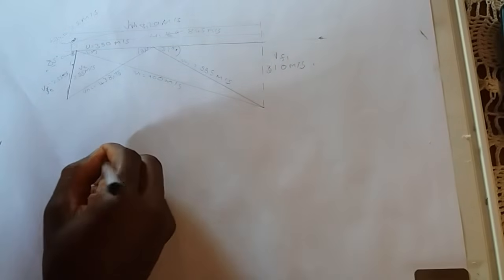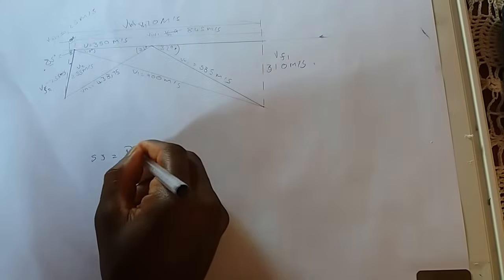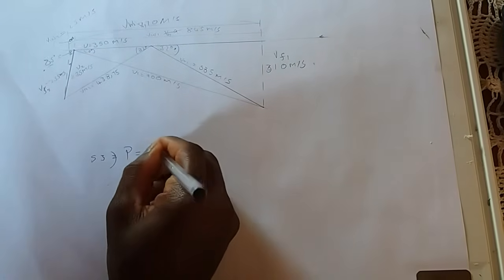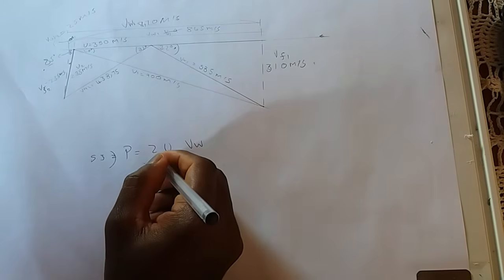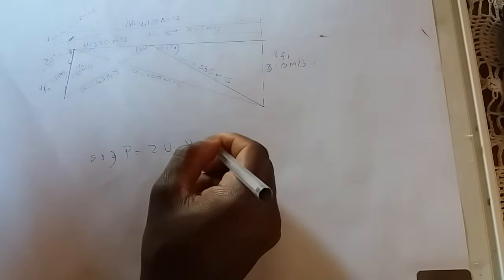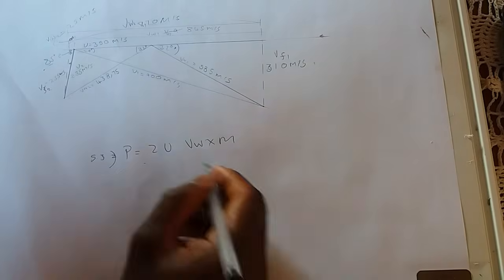And then number 5.3, we'll do 5.3. They say use the diagram to calculate the power developed by the turbine. We know that the power is given by, I should have M somewhere. Oh yeah, it's times M. No, this is the wrong formula.